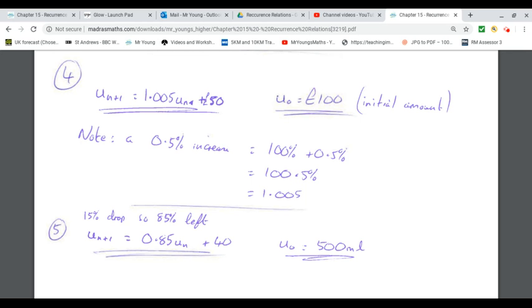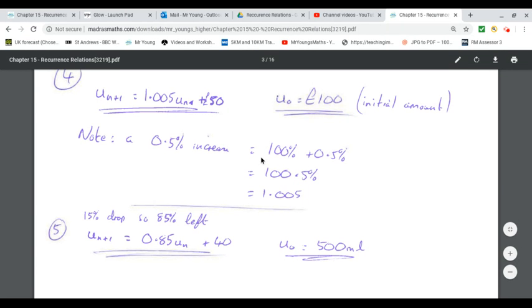Form a recurrence relation including the first term U0 to model this situation. So what's happening is the granddaughter is receiving a 0.5% increase on her money each year. So she will have 100% of what she's got, and then she's getting 0.5% interest.